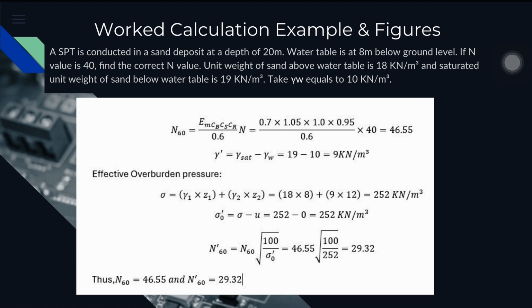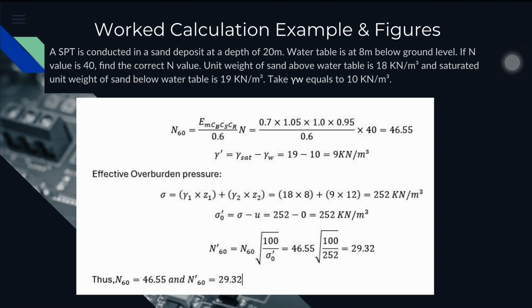Take gamma W equals 10 kilonewton per meter cube. We can see how to get the N60 based on the formula EM CB CS CR divided by 0.6 and multiplied by N, which gives 46.55 for N60.